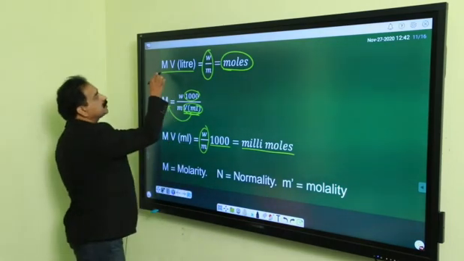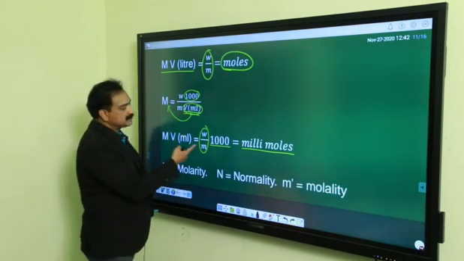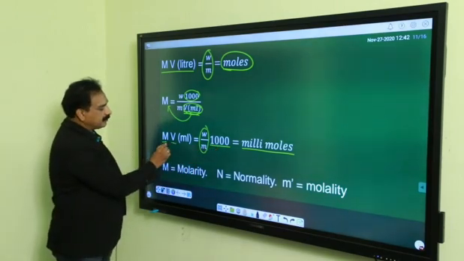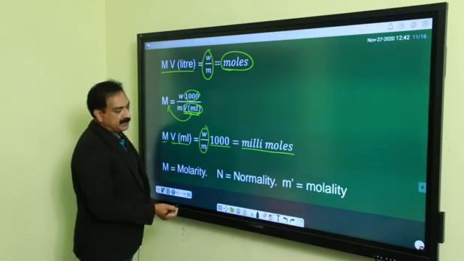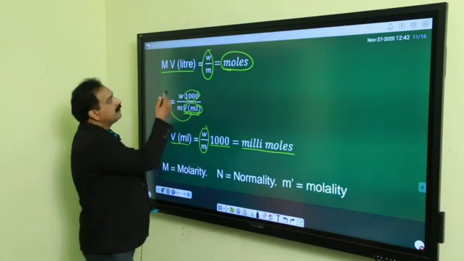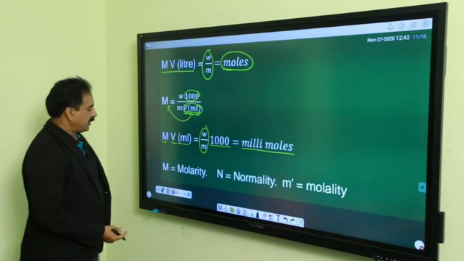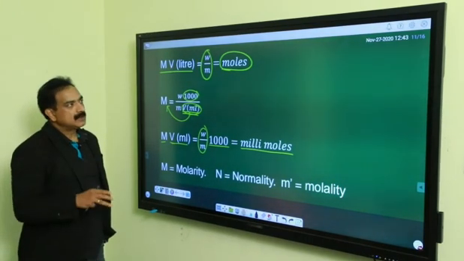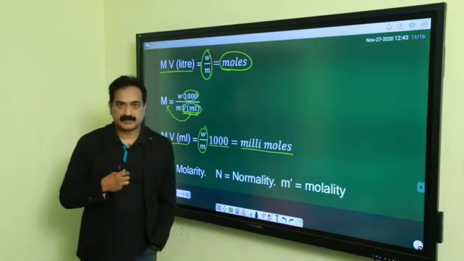The second relation, molarity into volume in liter, is also moles. Moles multiplied by 1000, or molarity into volume in milliliter, is called millimoles. So capital M is molarity and V is the volume of solution in liter. The next part we will discuss in the next session. Okay, thank you.